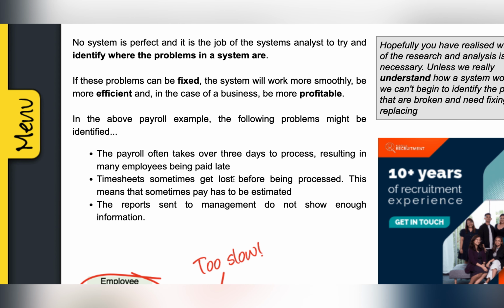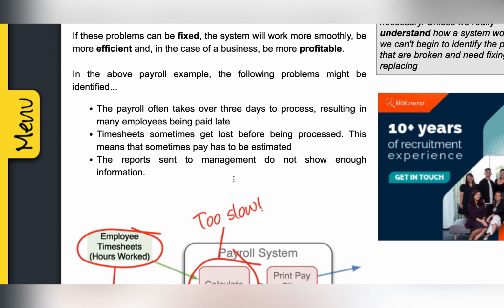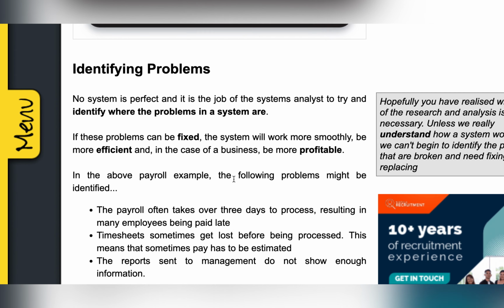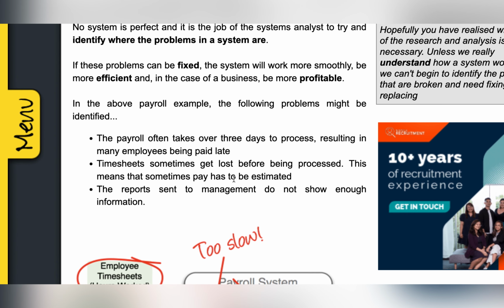Now, if this problem can be fixed, then you fix them as an analyst. You fix them for smooth and efficient operation of the business in any organization that you find yourself, so that the organization will be more profitable, more reliable and efficient, and generate more income that will improve the business in general.